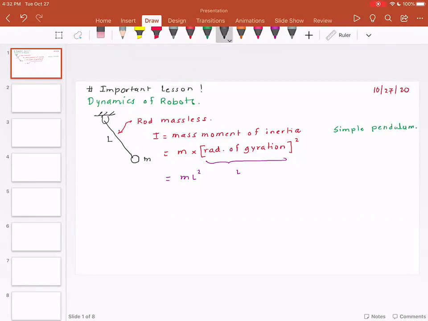The actual pendulum is something where you have a mass that is distributed across. So you have a pendulum and the mass is distributed.